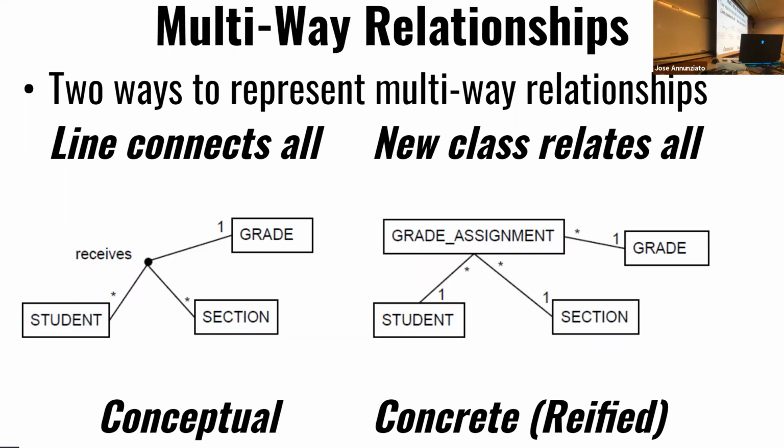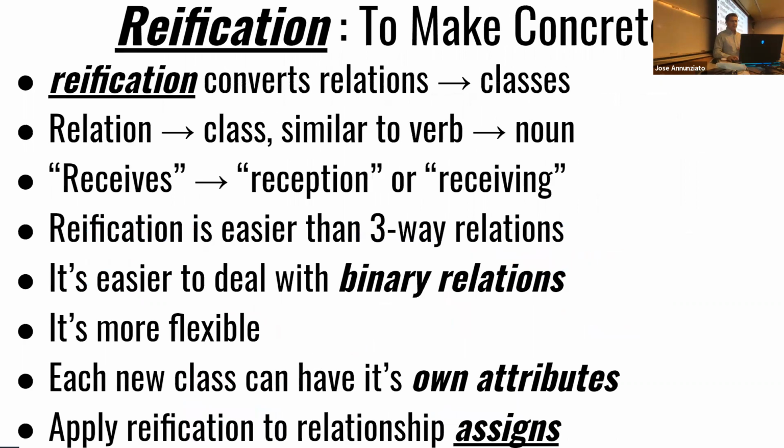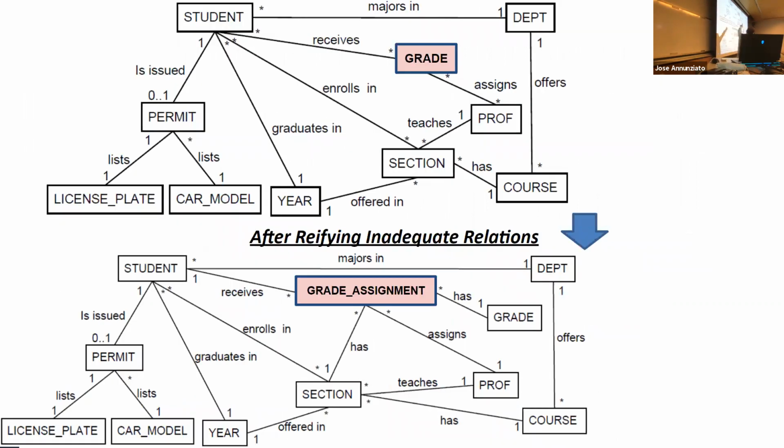We can go back to our original class diagram and fix it, and remove the grade, which was not enough, and replace it here with something that relates all these things: grades and sections and receives. Actually, the grade is going to be brought into the table as a field, as opposed to a separate record.